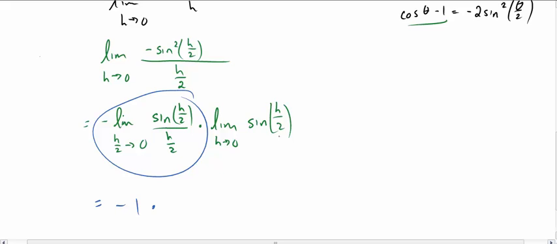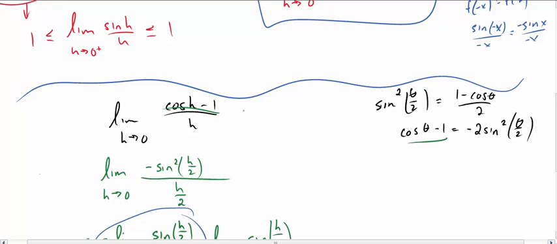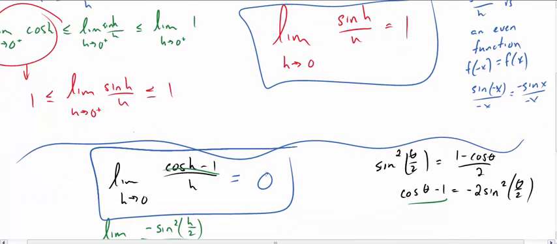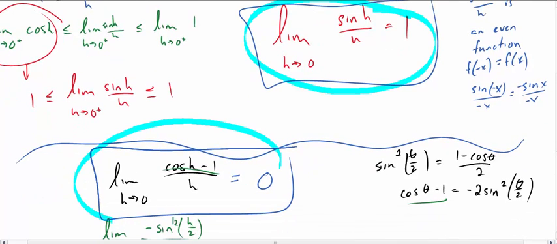Sine of 0, what's sine of 0? Sine of 0 is 0. So as h approaches 0, we do a direct substitution, find that this is 0, so this limit that I started with is equal to 0. So keep these two things in mind as we develop the ideas for differentiation with trigonometry.